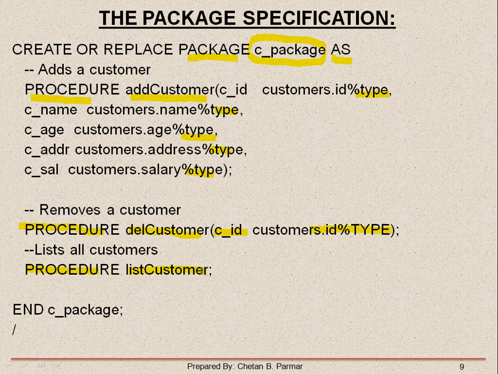So basically in this package three procedures are available: add_customer for adding a customer, delete_customer for deleting a customer, and list_customer for displaying customer table information, terminated by end c_package, and execute this package with slash. We get a successful message, which means our package specification is created.